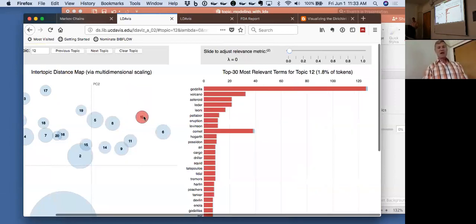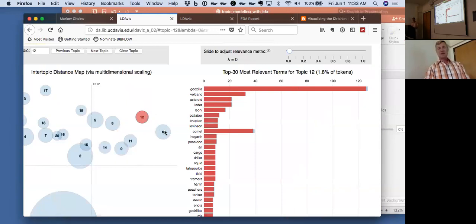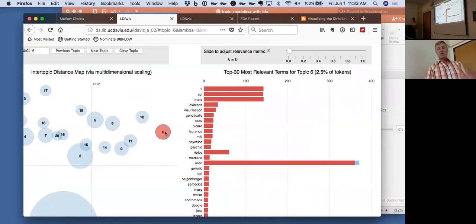So from here, I can click around from topic to topic, and I can see what really are the words that comprise this one. And so here's where I would start to say, okay, what is this about? That can be psychology. You can see that these were lemmatized, right? So I get a lot of weird words.